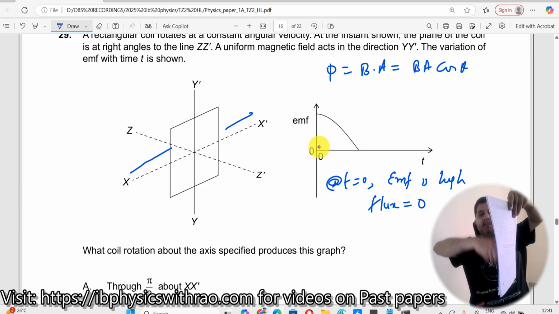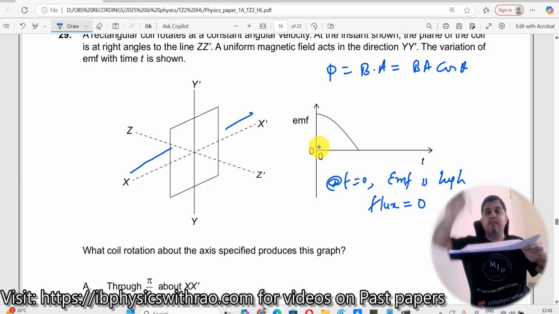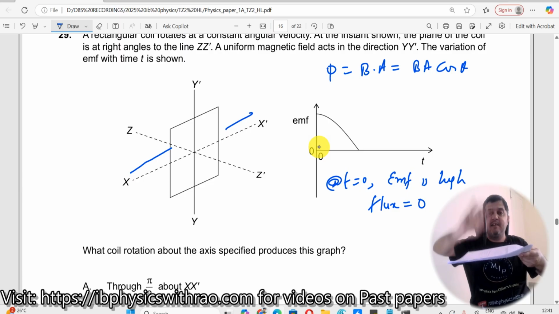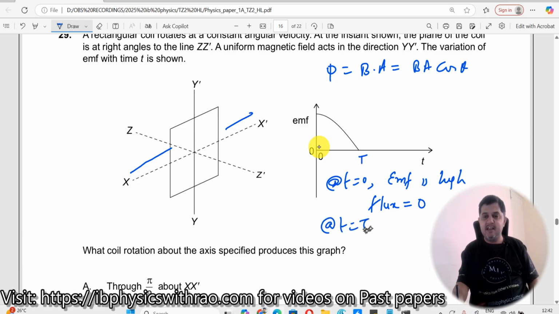The flux is 0 in this direction. Now at time t, when this becomes perpendicular like this, more flux is passing. When more flux is passing, EMF would be 0, right? Let me call this point t. At t equal to t, EMF is 0, flux is high.